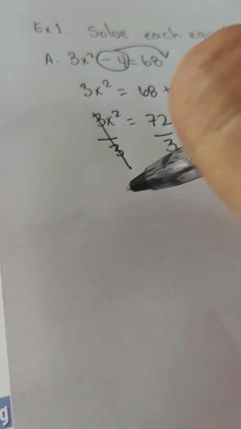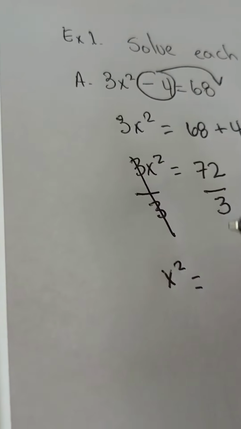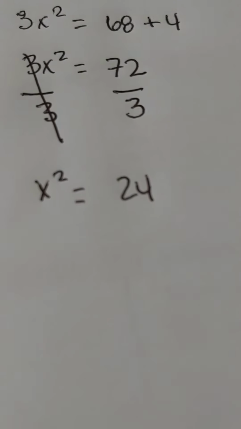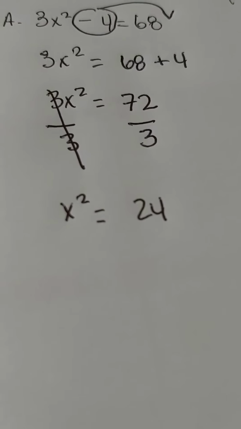Okay? Now we divide by 3 on both sides. x squared equals 72 divided by 3 is 24. So we have x squared equals 24.